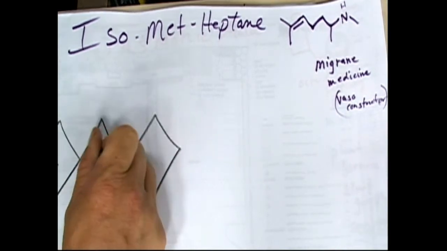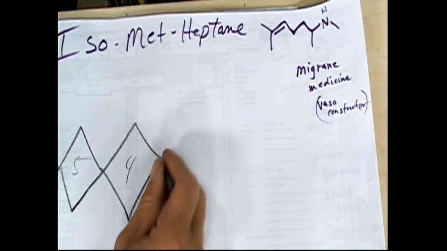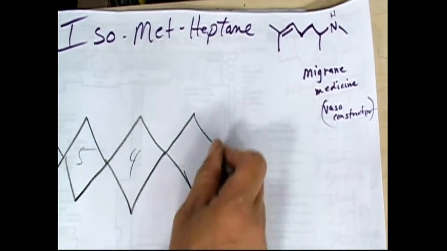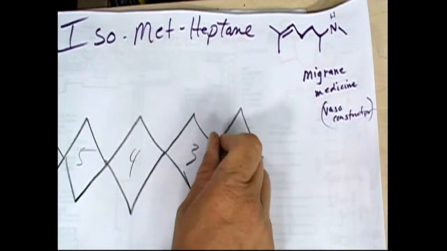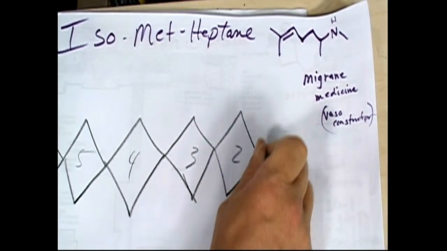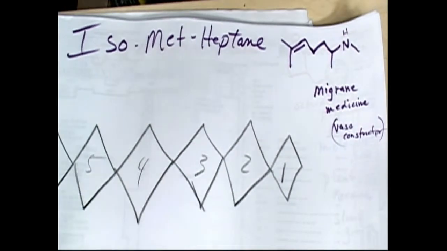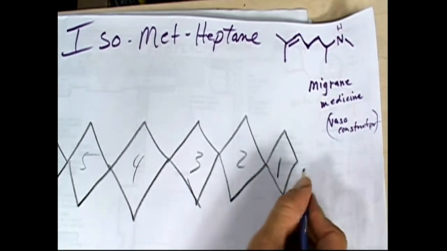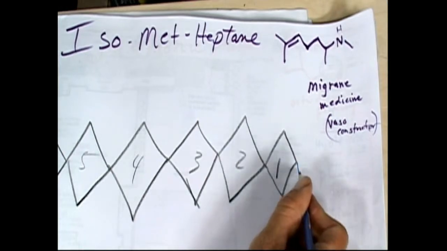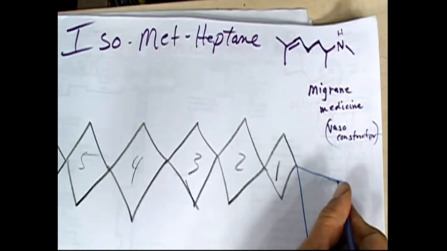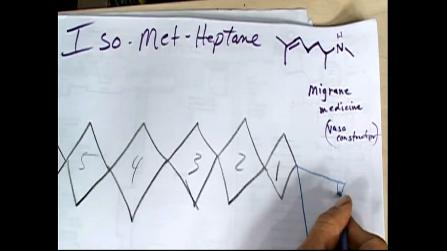So 6, 5, 4, 3, 2, 1, 2, a nitrogen. See, I messed up before. Nitrogen's supposed to be that right angle. I'm still drawing it as a triangle.